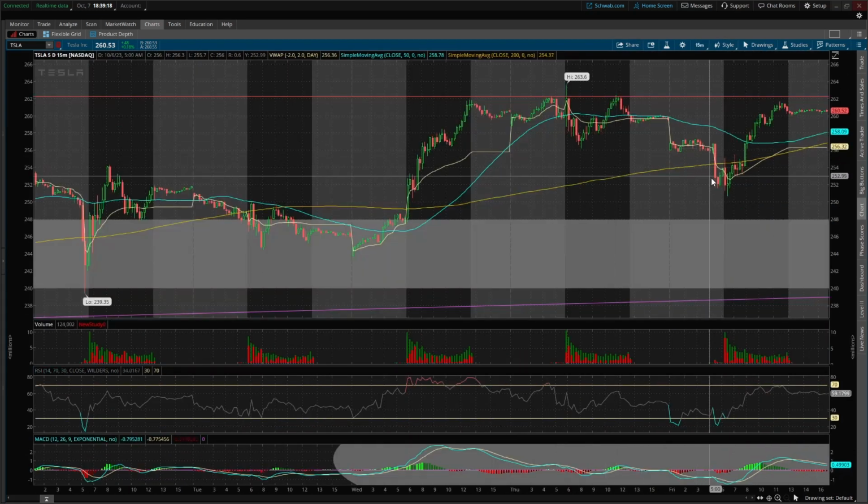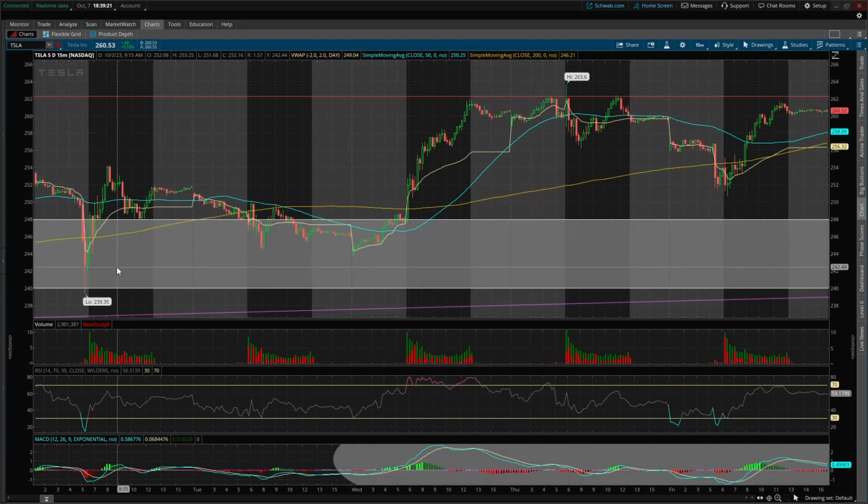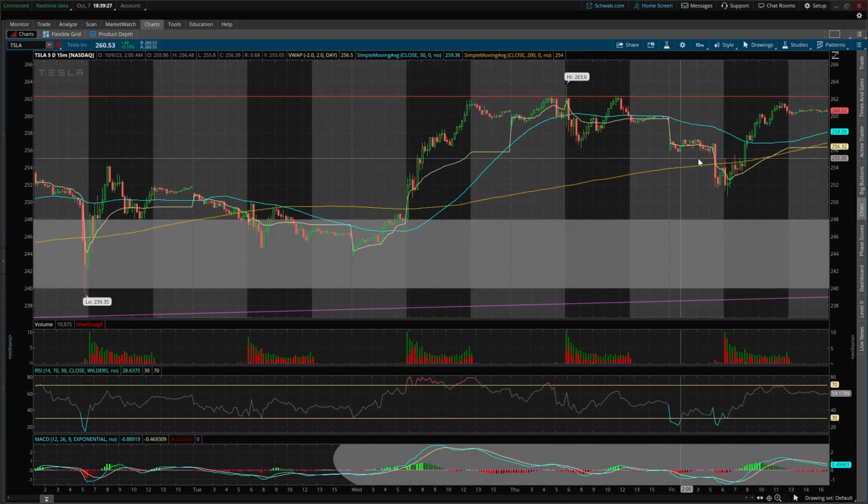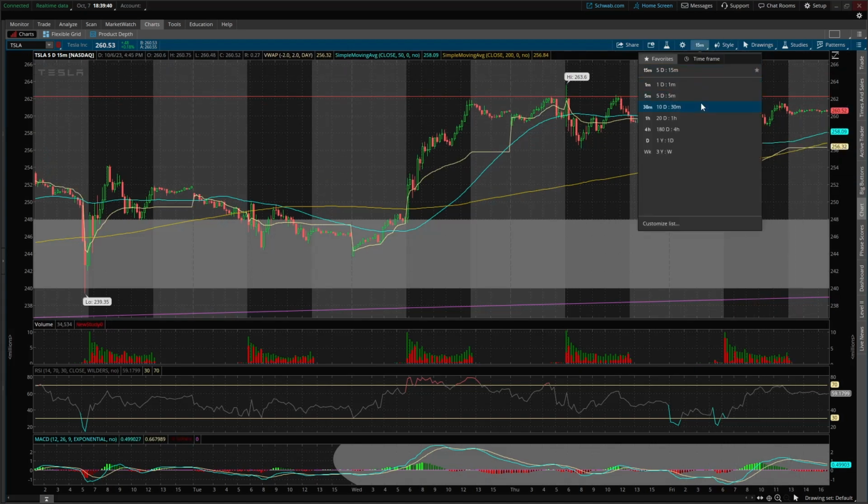Let's look at the 15-minute candle right here. This support level right here was a huge level. And we've also got the VWAP, like I mentioned previously, staying above that level in the short term.